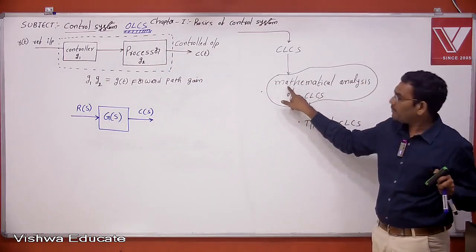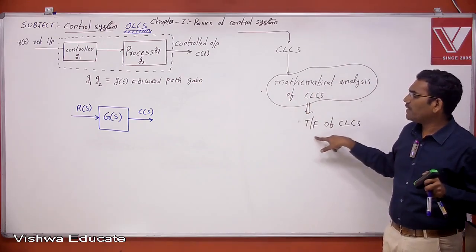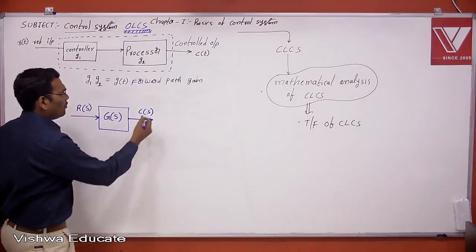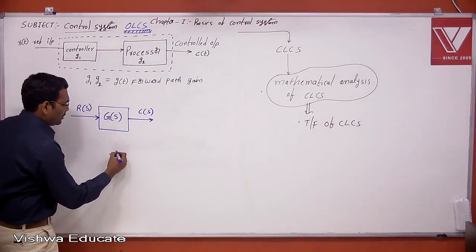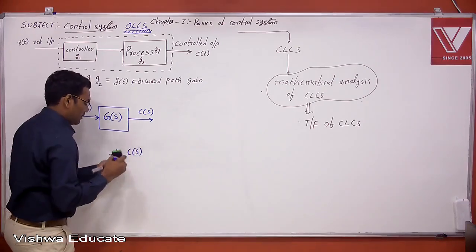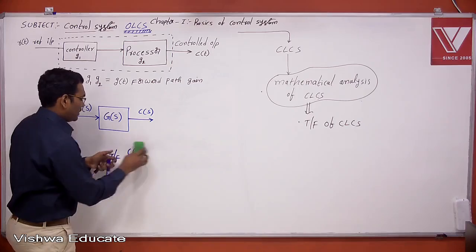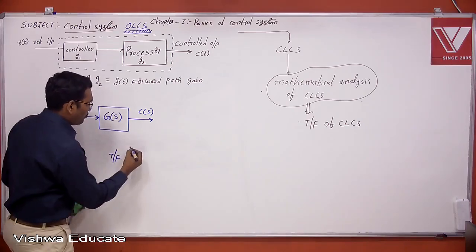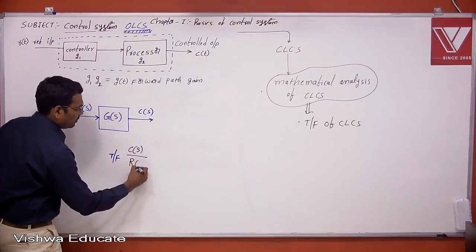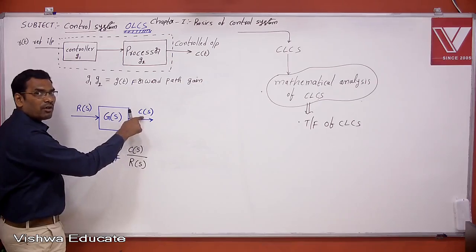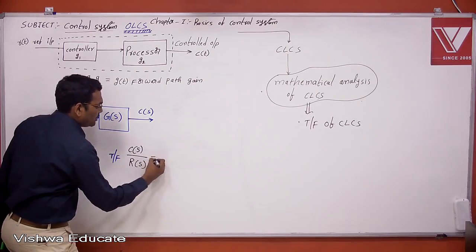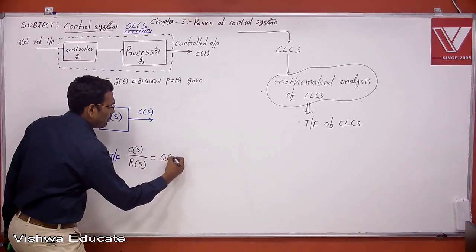Once you have a mathematical equivalent model, you can easily find the transfer function. Then what is the transfer function? The transfer function is nothing but the Laplace transformation of output by the Laplace transformation of input, which is nothing but only G of s.